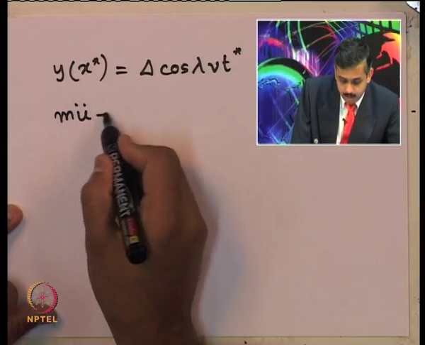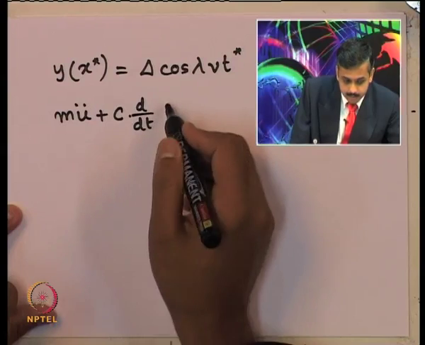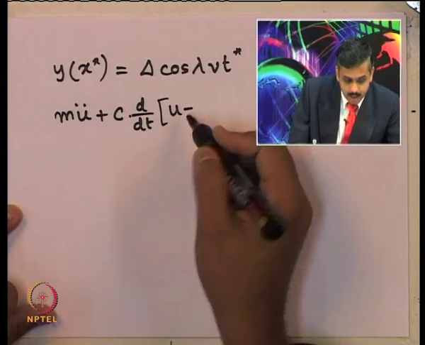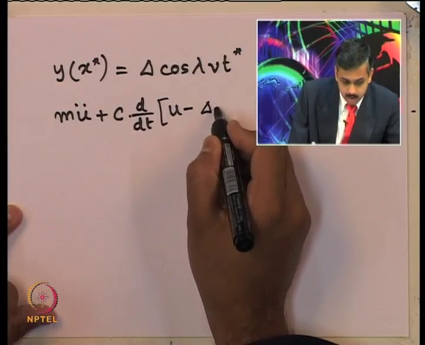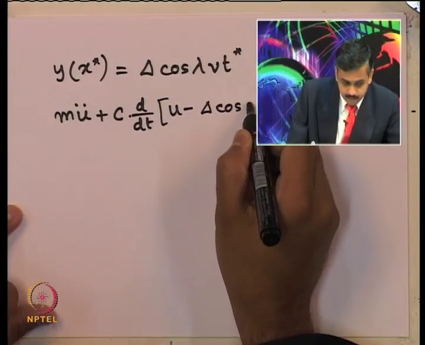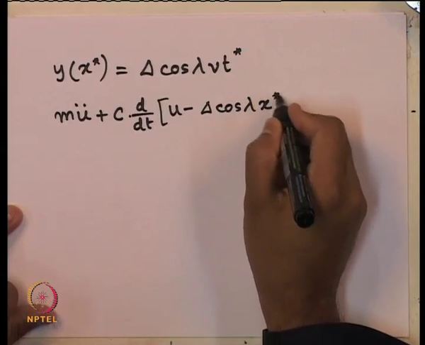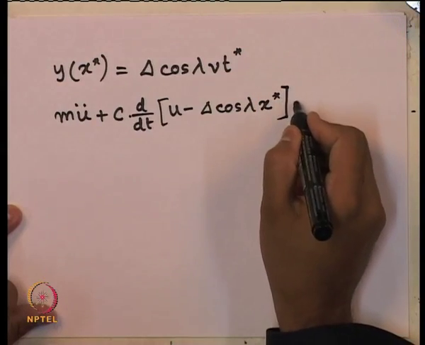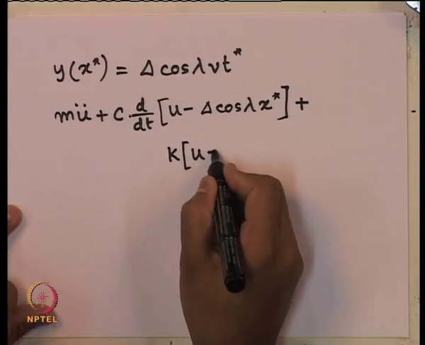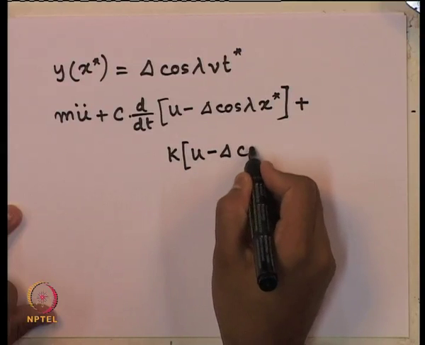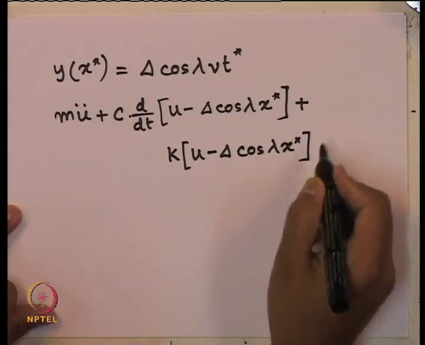M u double dot plus c d by dt of u minus the displacement we are talking about, so delta cos of lambda x star, plus k times u minus delta cos of lambda x star.